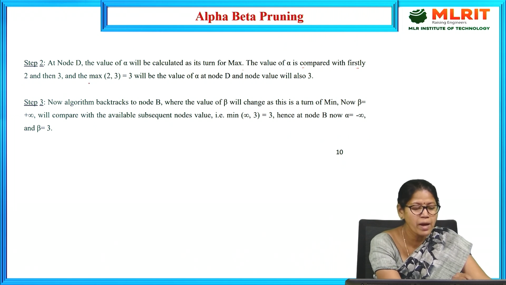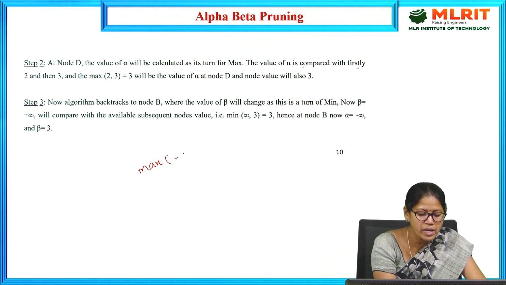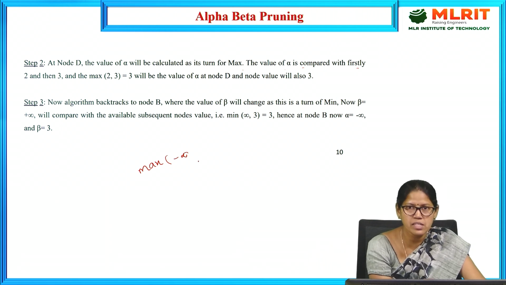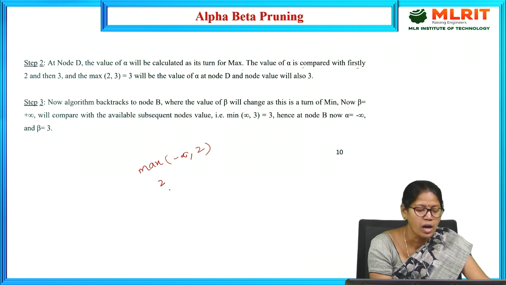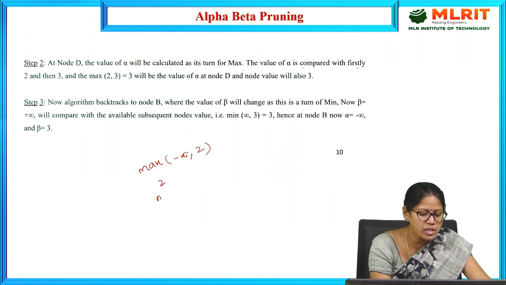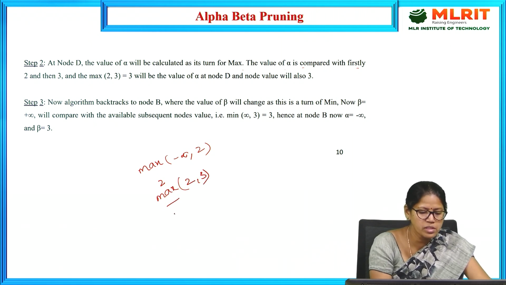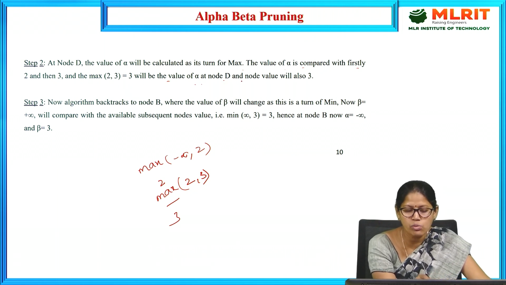First it takes the max of minus infinity, the lower bound, and 2, so it is 2. Then it traverses to the next branch and takes the max of 2 and 3, so it picks 3. The 3 will be the value of alpha at node D, and the node value will also be 3.